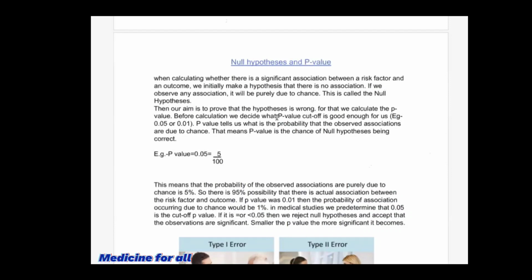In simple terms, the p-value is the chance of the null hypothesis being correct. The arbitrary cutoff that we use is up to 5%, so up to 5% we will allow this outcome to be because of chance.